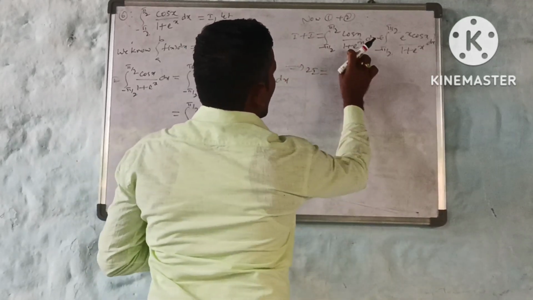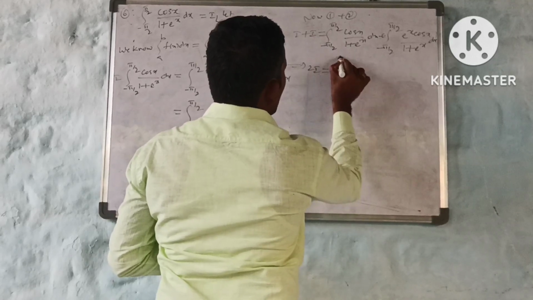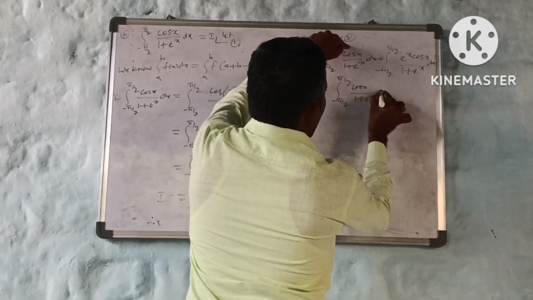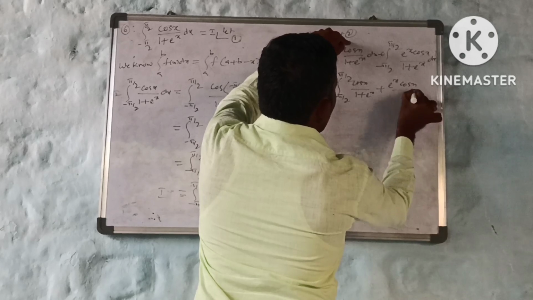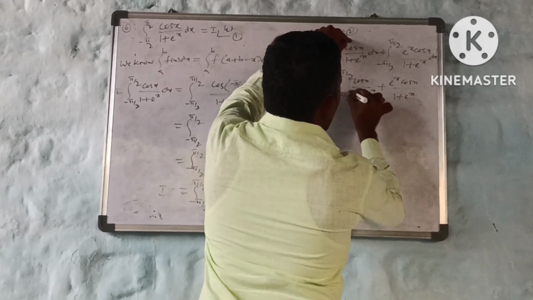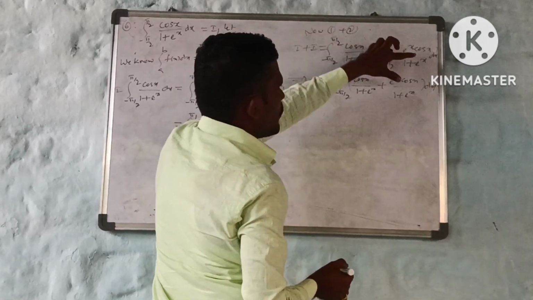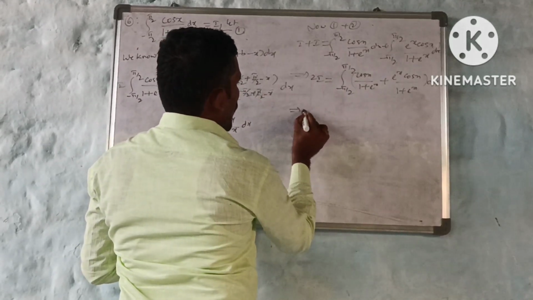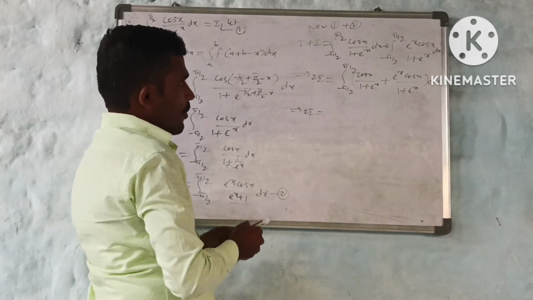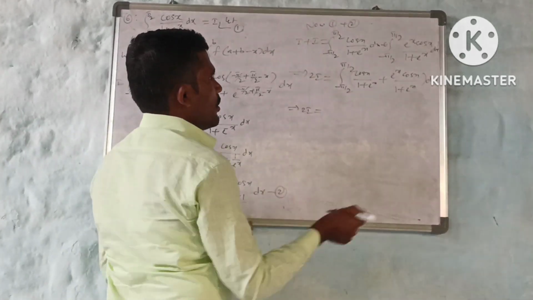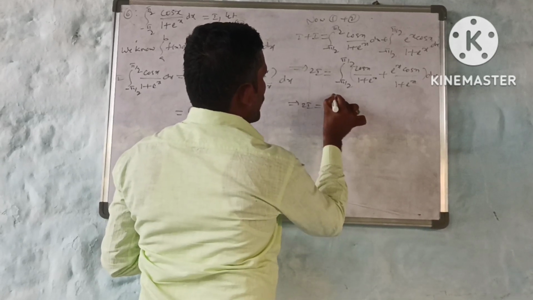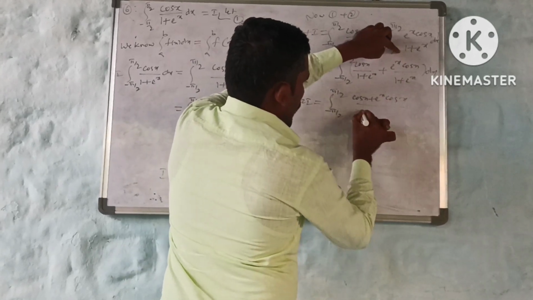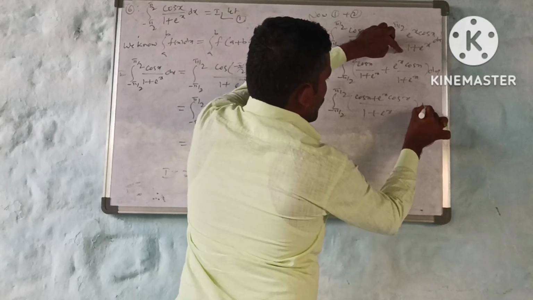So now I am taking the integral from minus pi by 2 to pi by 2 common. The denominators are both the same, 1 plus e power x, and adding the numerators we get cos x plus e power x cos x, by 1 plus e power x, integrated.